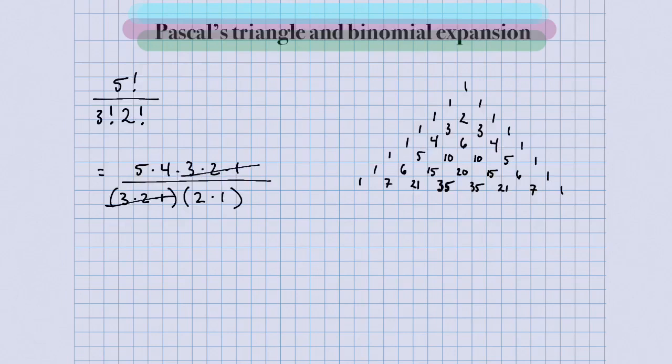So what we're left with is 5 times 4 over 2 times 1, which equals 20 over 2, which just equals 10. Okay, so if you see 2 factorials being multiplied together, you could just write them out. 3 times 2 times 1 times 2 times 1. All right.